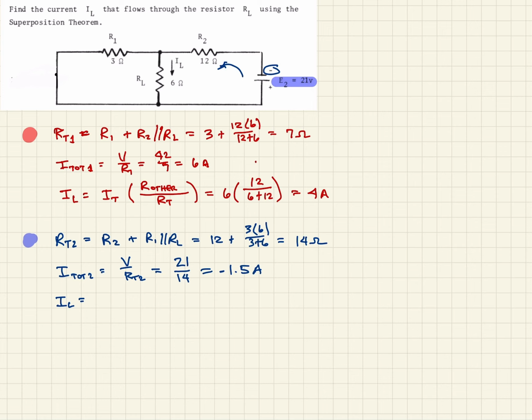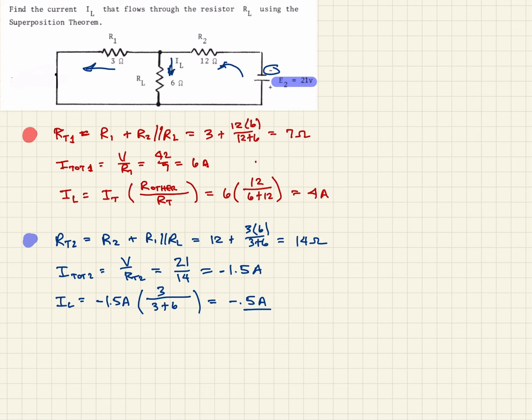So this is the branch we're interested in, so that means this would be the branch that we would call other. So in this case, it's going to be the total current, which is negative 1.5 amps, times 3, the other resistor, over the total, which is 3 plus 6. And so in this case, that's going to come out to a negative 0.5 amps.